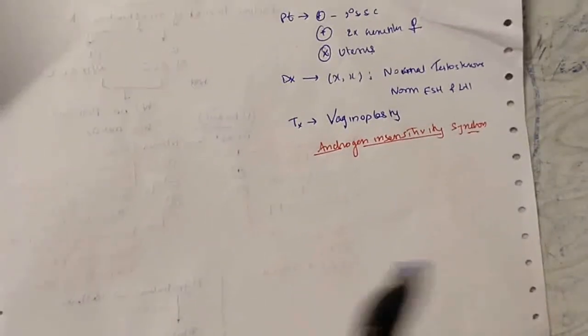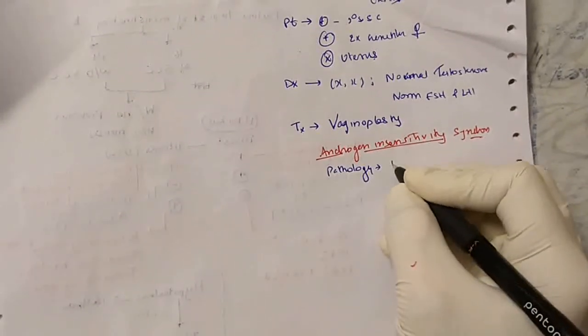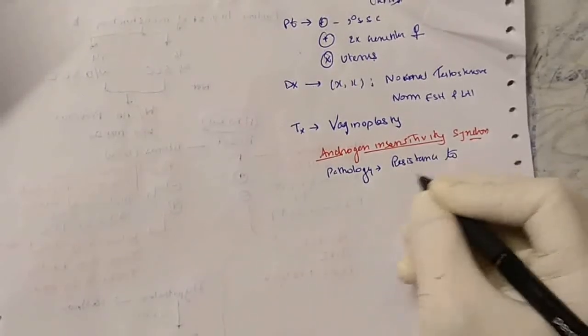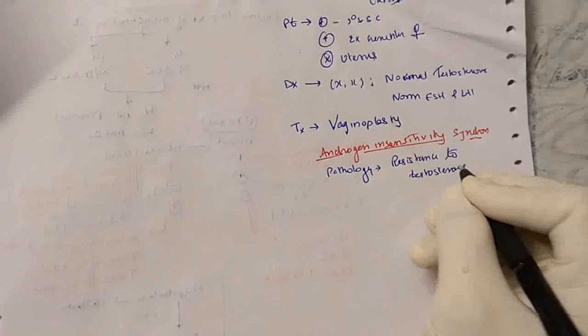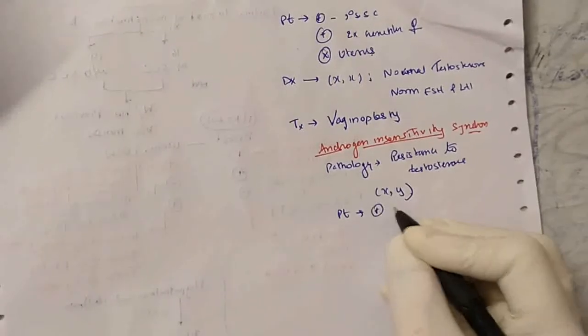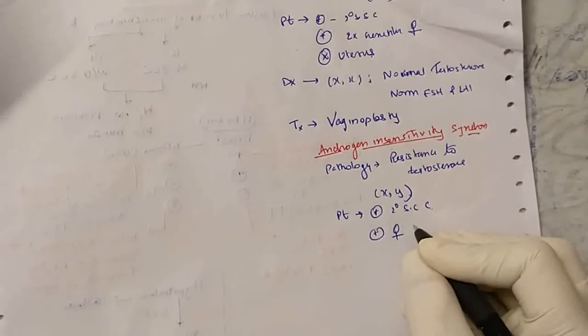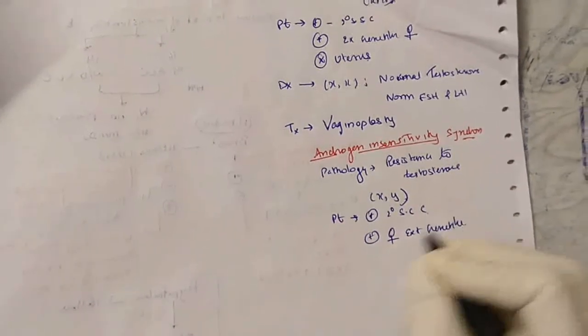Now we'll learn what androgen insensitivity syndrome is. The pathology is resistance to testosterone and presence of XY chromosome. The patient will have positive secondary sexual characteristics, female external genitalia, and absence of uterus.